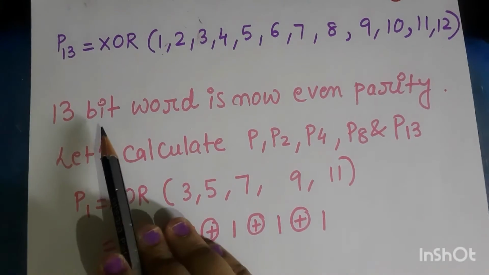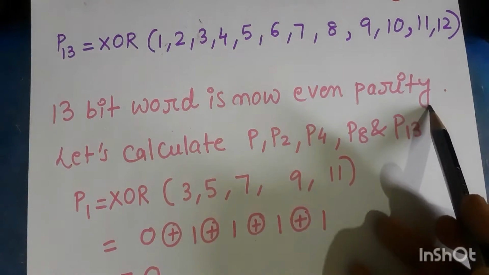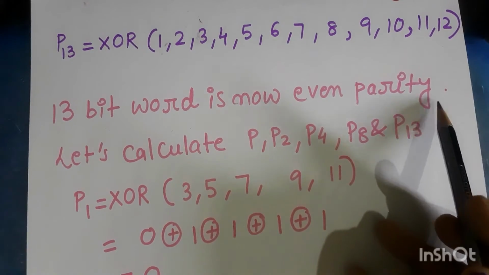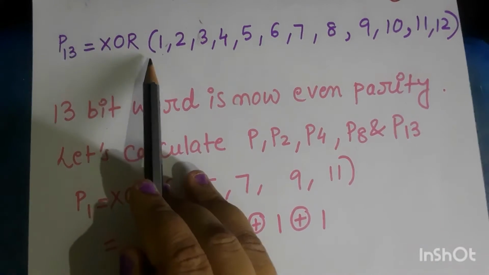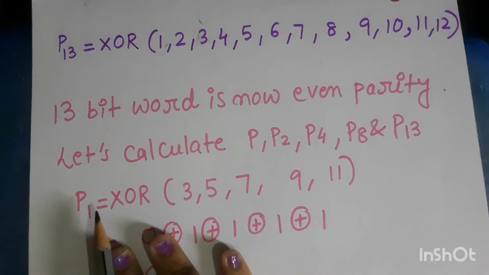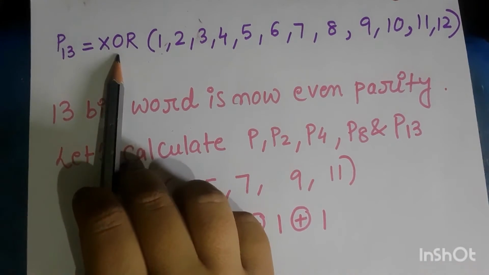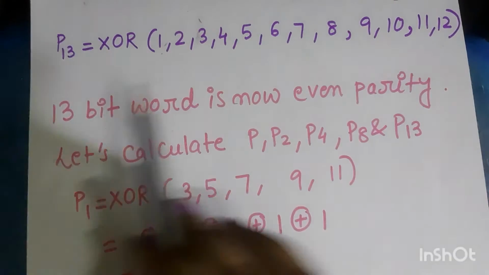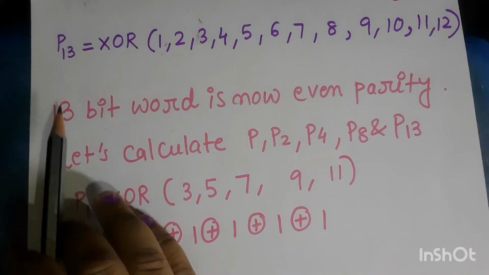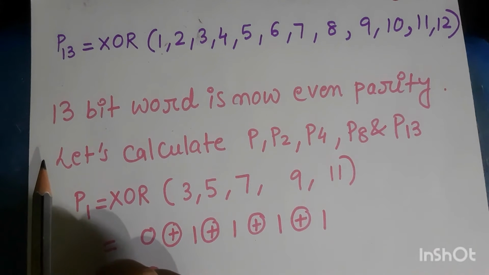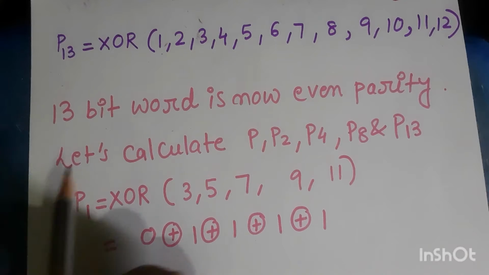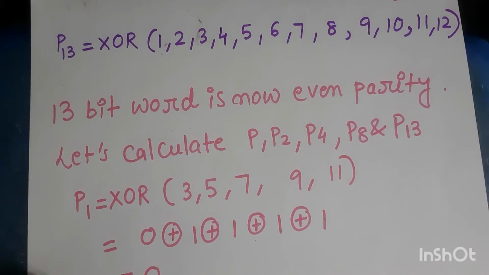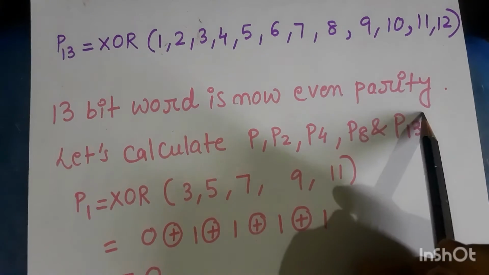Now the 13-bit word is even parity. You understood how it is even parity? Because P13 is the XOR of all the 12 bits, and XOR is an odd function. If an odd number of ones are there, P13 would be 1. So if I put it in the composite word, the total number of ones would be even. So the 13-bit word is an even parity.